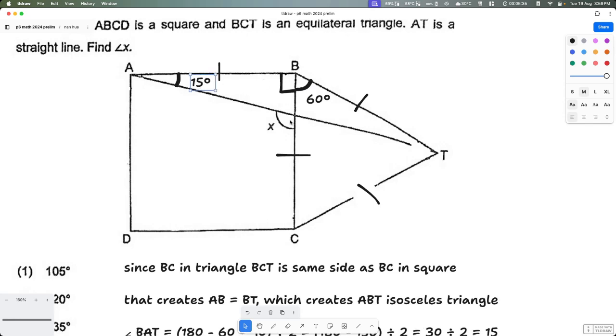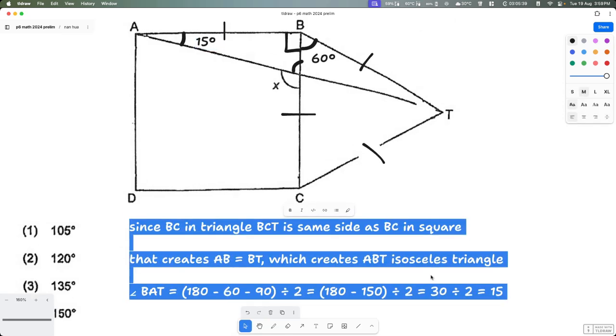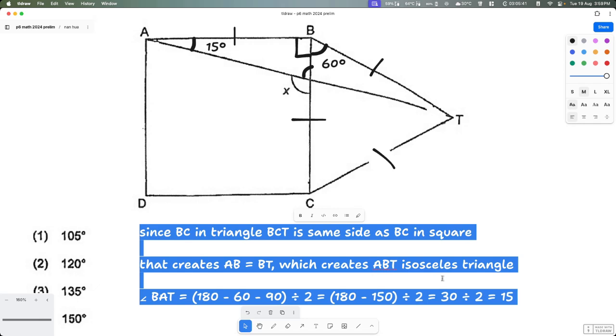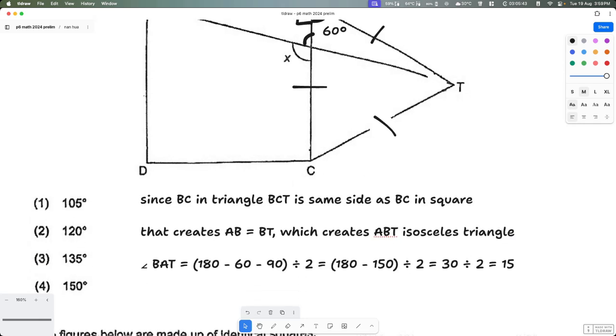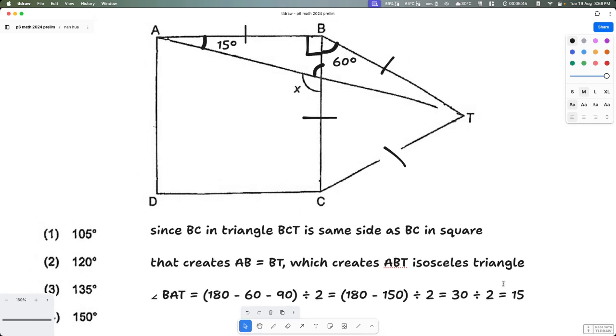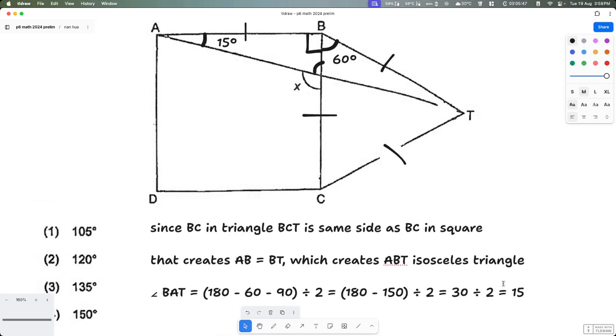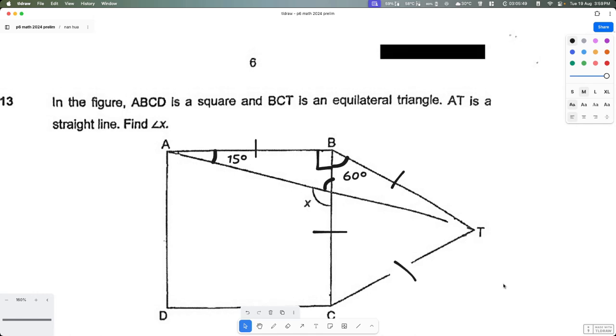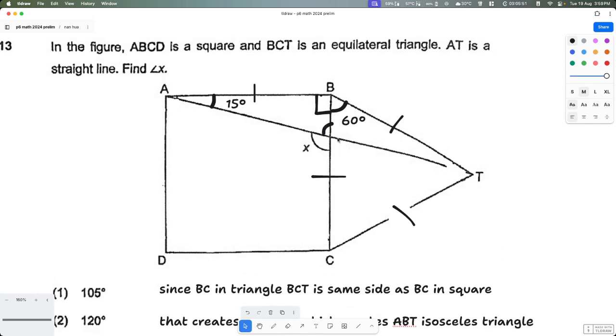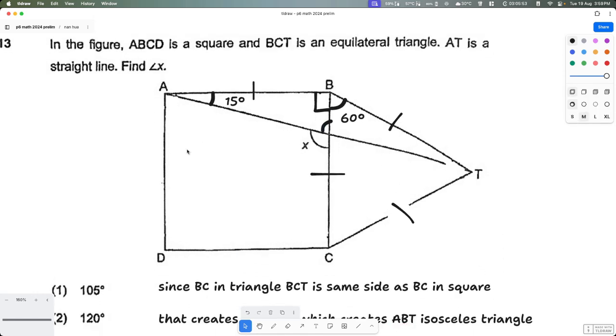Okay, so then we can get this angle, right? I'm going to put E here.